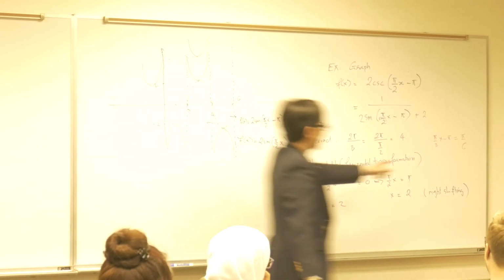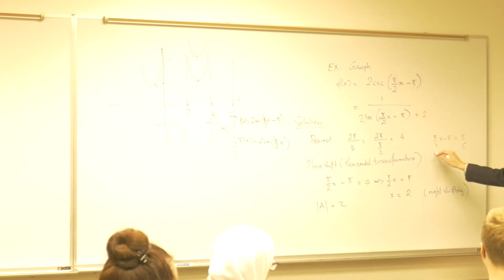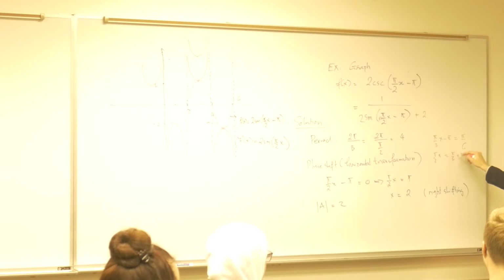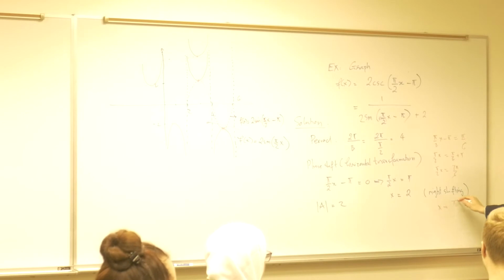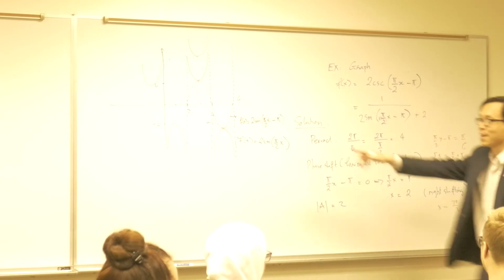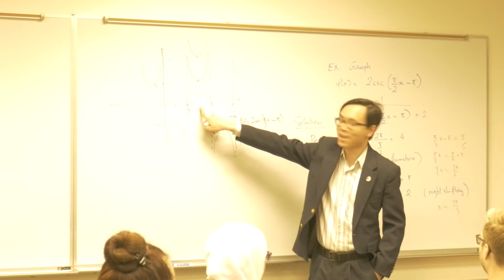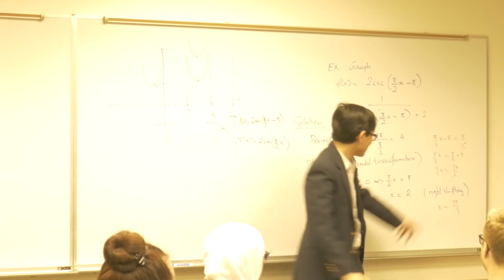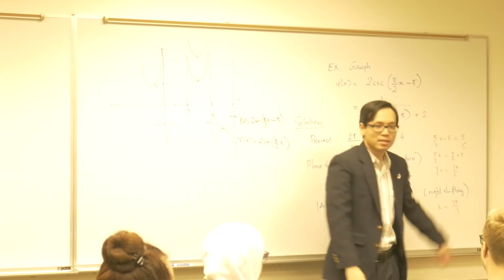So, what is the value over here? Pi over 2, x equal to pi over 6 plus pi, right? It will be, pi over 2, x will be 7 pi over 6. And you have, it will be 7 pi over 3. It's not here, so it doesn't start over here anymore. It's starting somewhere at 7 pi over 3.